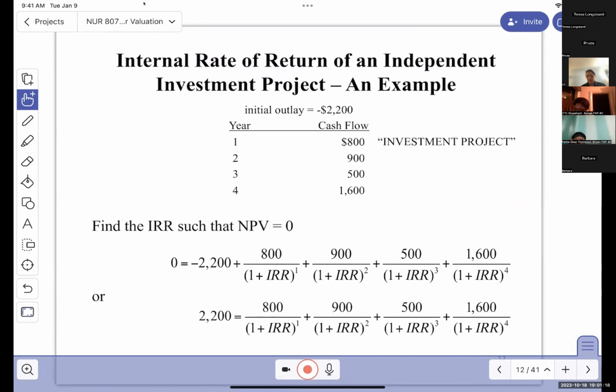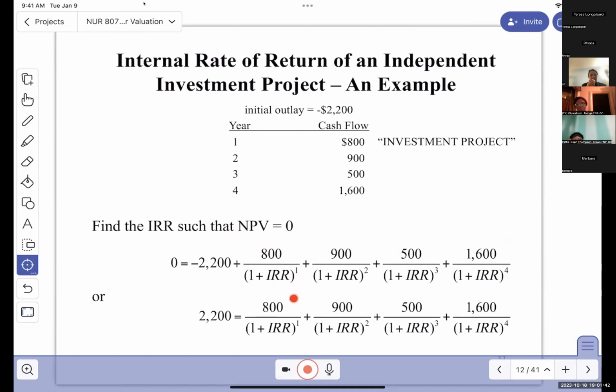So what is the internal rate of return? The internal rate of return is the interest rate that solves this problem. What is this? The NPV. Exactly. So it's setting the NPV to 0.